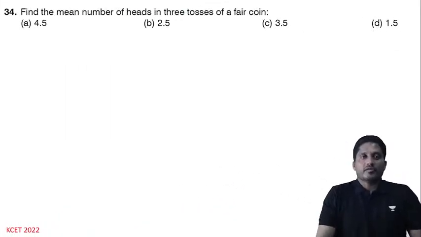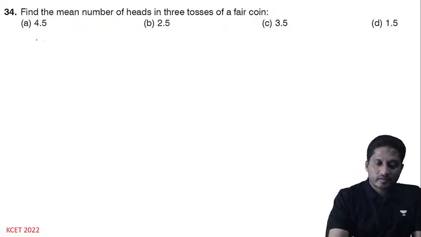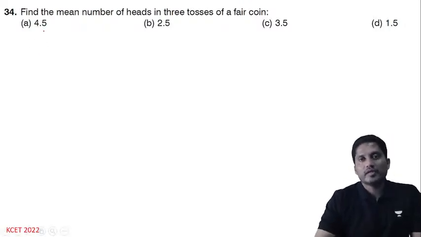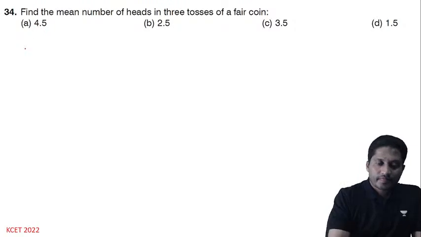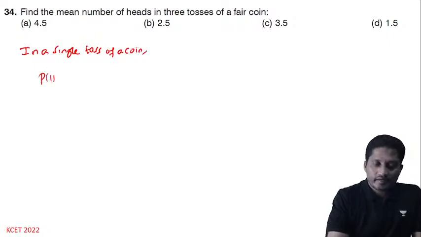Question number 34. Find the mean number of heads in 3 tosses of a fair coin. Alright, it's a question on probability distribution. In a single toss of a coin, probability of a head is 1 by 2, and probability of a non-head is also 1 by 2.